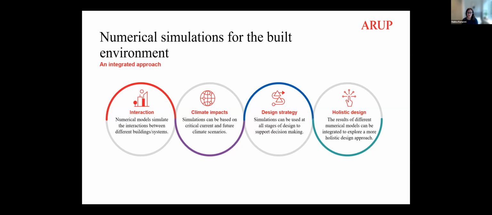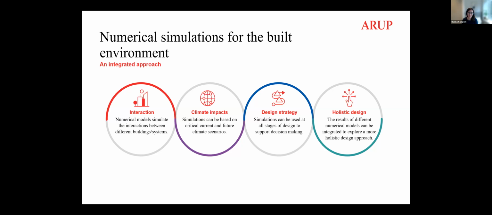And then the results of numerical simulations can be integrated with each other to build a better picture of what the environmental processes going on in the built environment are. So for instance, we can combine the results from wind models with solar results and historical climate data to get an understanding of thermal comfort.